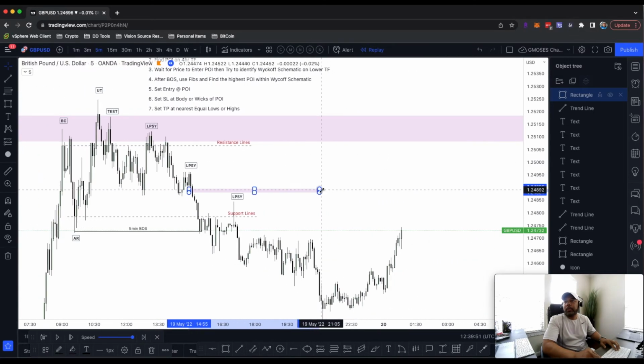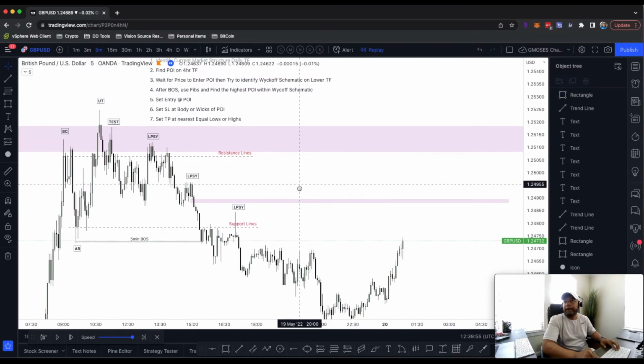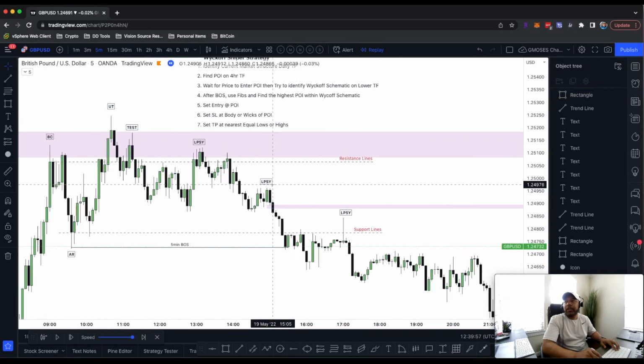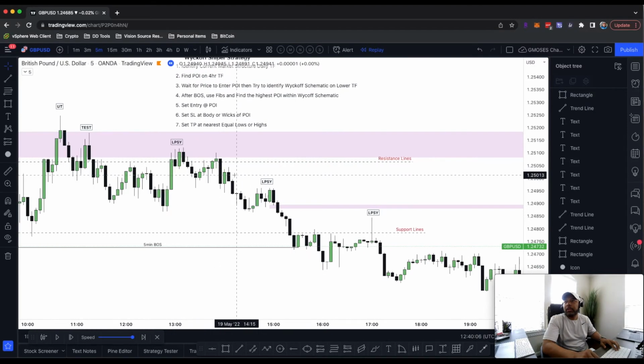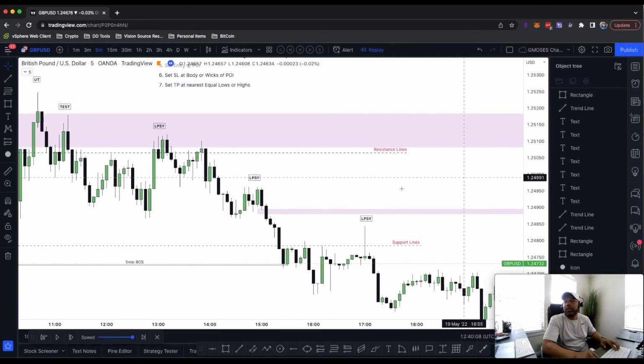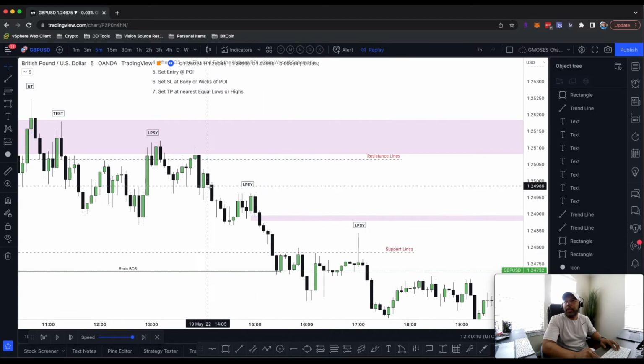I'll move that over. Let's see if we see any others. Okay, we have another imbalance, actually right here. I can see one right here.